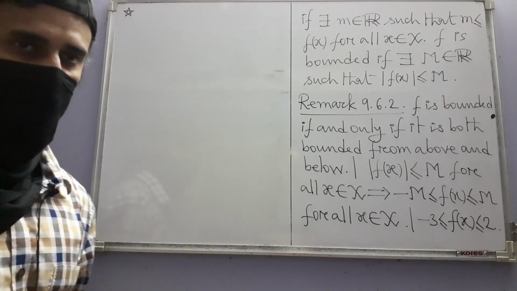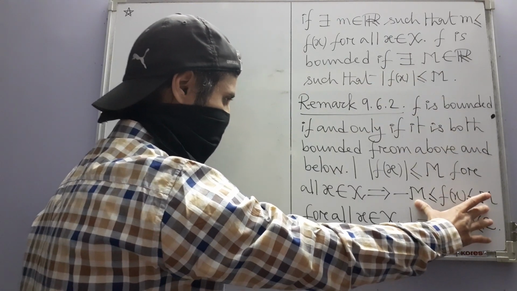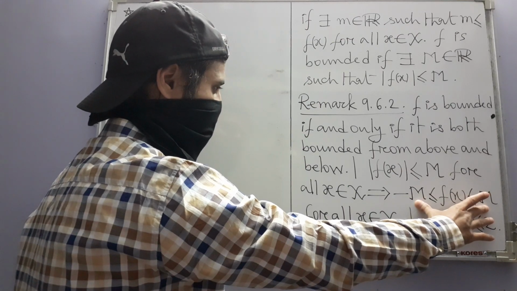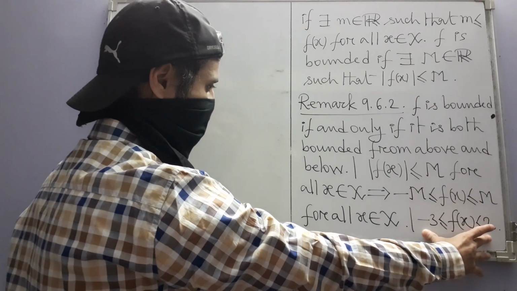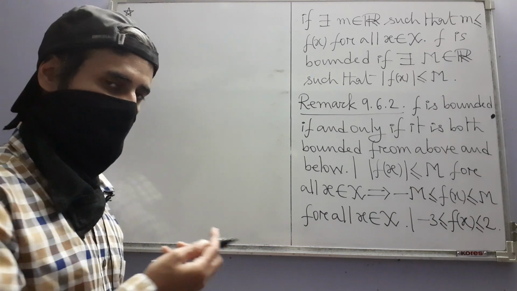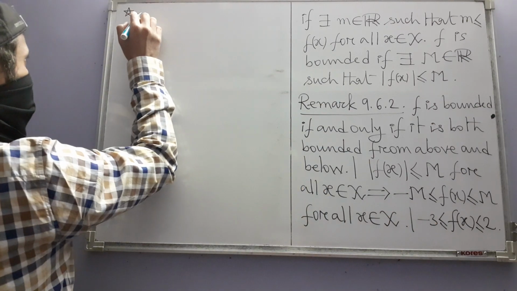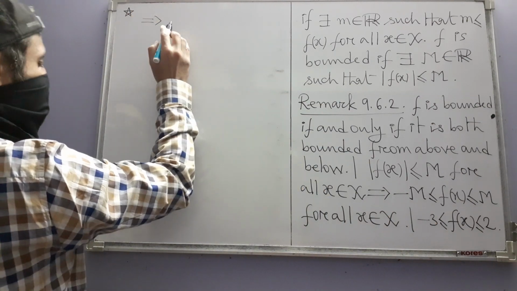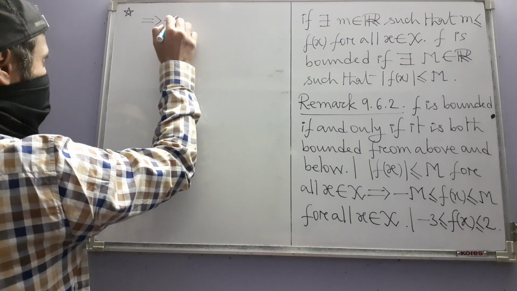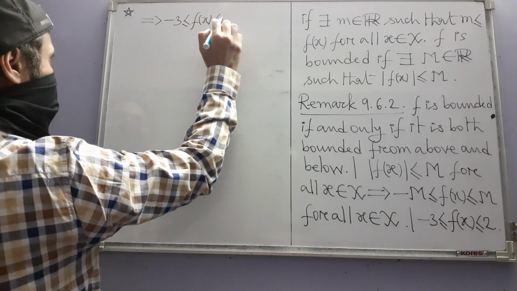You see, finding one such M is equivalent to finding these inequalities. And we are given something like this. So that perhaps immediately tells you what to do. Because these inequalities immediately imply these inequalities.